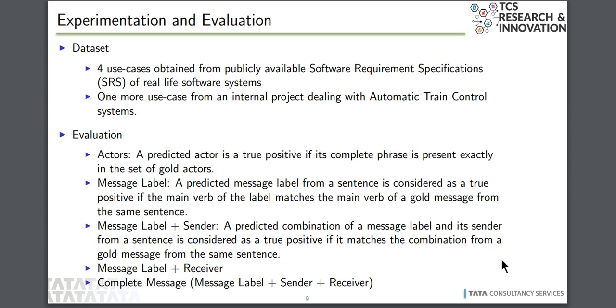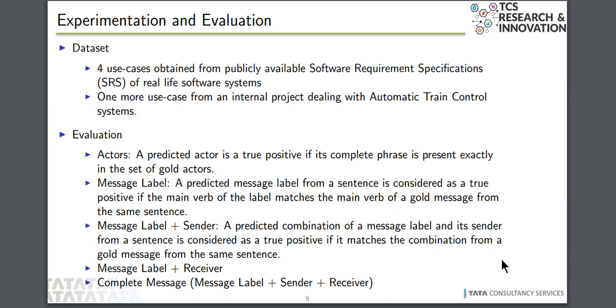We have the gold annotations of these 5 use cases in our data set, which are created by our annotators, wherein they identify the gold actors, the message labels, and the complete message of sender, message label and receiver. So we also evaluate at these levels. We check that if our system is predicting an actor, we call it a true positive if its complete noun phrase is exactly similar to the one that is marked by the annotator as a gold actor.